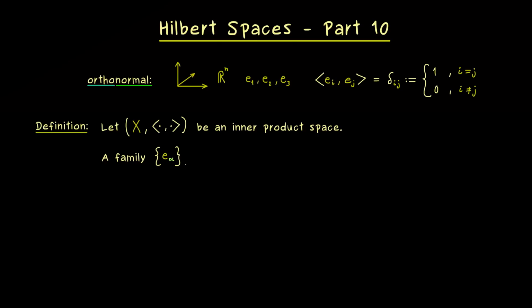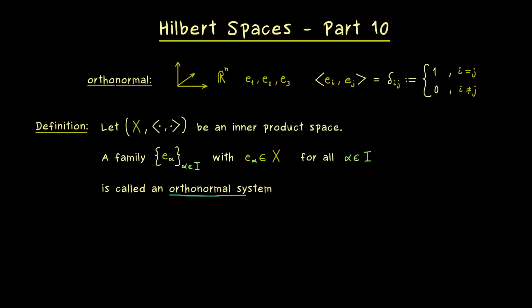So alpha goes through a whole index set we can call capital I, and this one can be an infinite set. So this is our whole family of vectors from our inner product space X. And now we call this collection of vectors an orthonormal system if it satisfies the same condition as before. This means e_alpha together with e_beta in the inner product gives us the Kronecker delta. So this is already the whole definition for an orthonormal system, and to keep it short, we just say ONS.